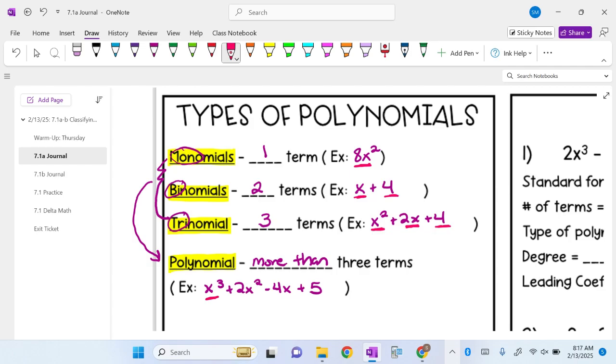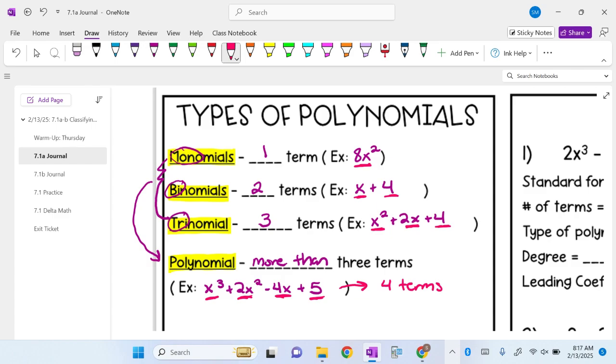So here's 1, 2, 3, 4 terms. This particular polynomial has 4 terms. And you will have to be able to identify the number of terms in a polynomial.